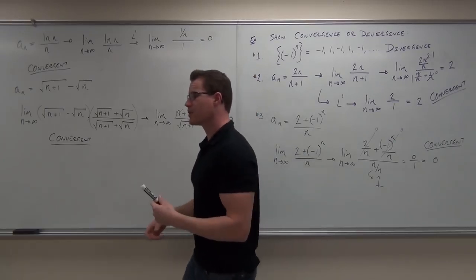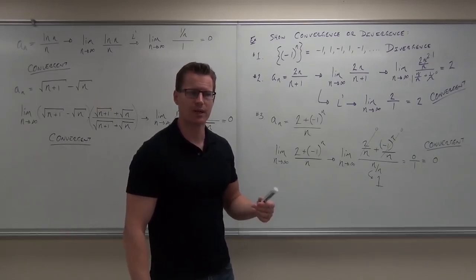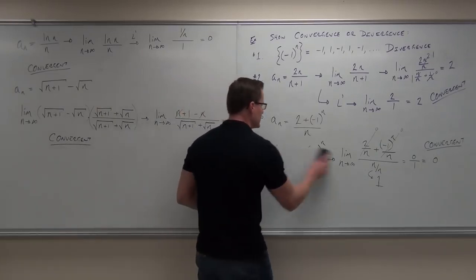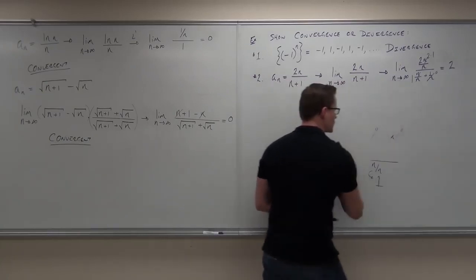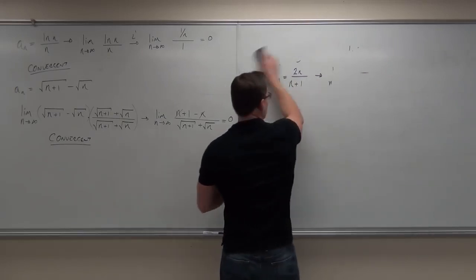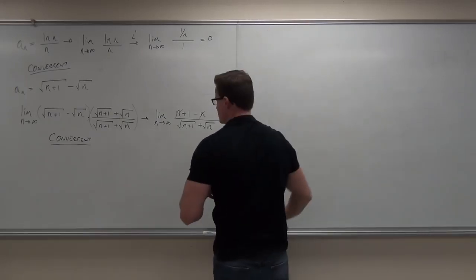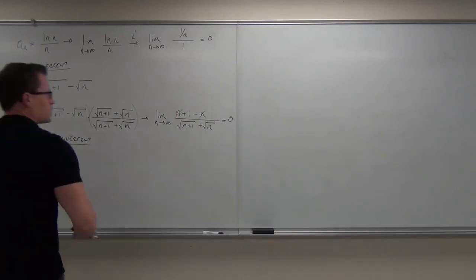Now, we have a couple other ways to do this. If we can't, for instance, find the limit really easily, we can use some techniques to not cheat, but be really smart about showing a comparison to a couple of sequences. One way that we can do this is with what's called the squeeze theorem.